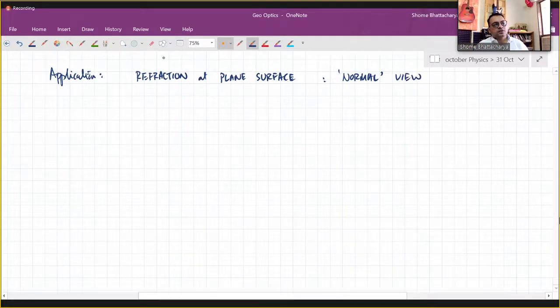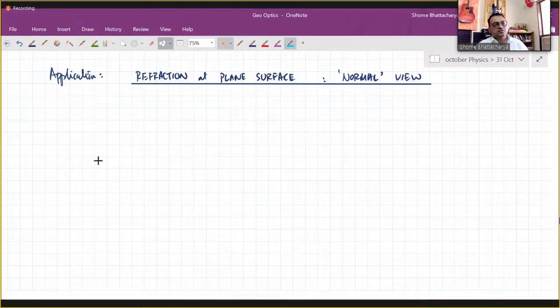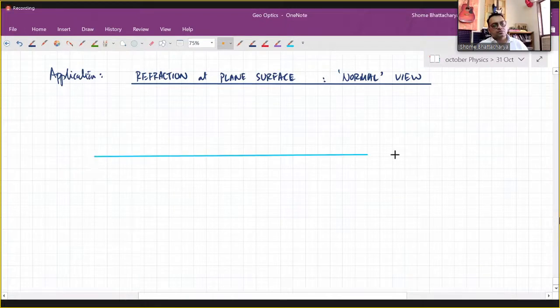I'll explain what we mean by normal view. We'll understand this with a somewhat simplified example today. We'll look at more applications in the next lecture.